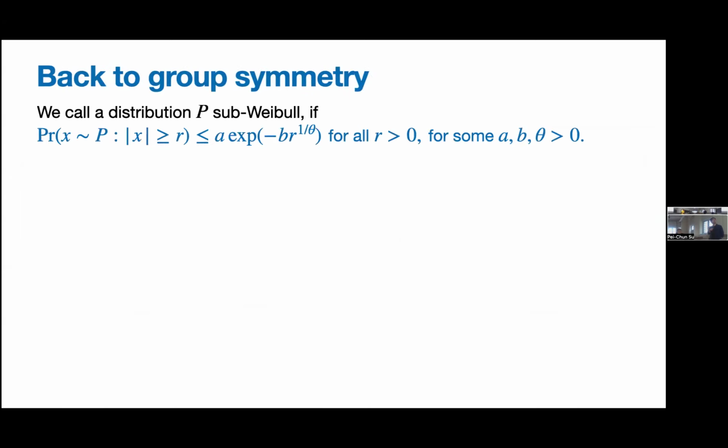If we come back to the empirical estimation of divergence with group symmetry from the very beginning of the talk, now we can extend it to the unbounded domain. We make the assumption that distribution P is subweibull, which means it decays slightly slower than the exponential class, because theta can be greater than 1.